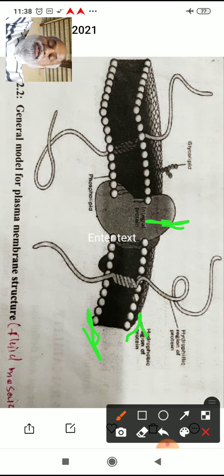Transport protein helps in transporting molecules across the cell membrane through the facilitated diffusion process. And the third type, glycoprotein, helps in cell to cell communication. So these are the different types of proteins present in the plasma membrane, and their functions we have seen.